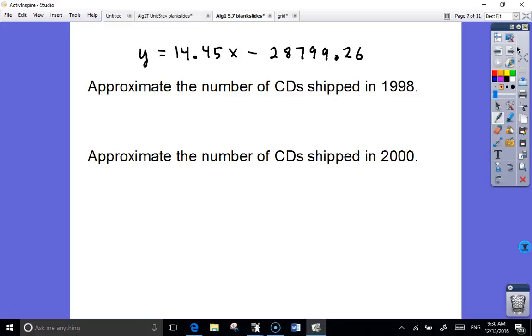Well, I would write down the equation and then just substitute. I mean, you're going to use your calculator for sure.